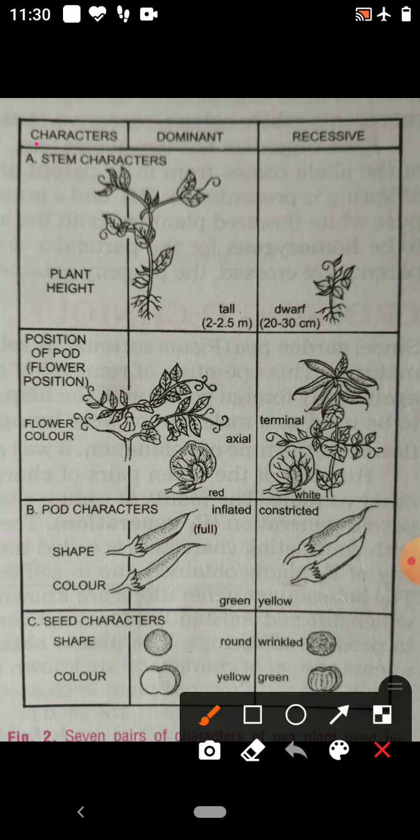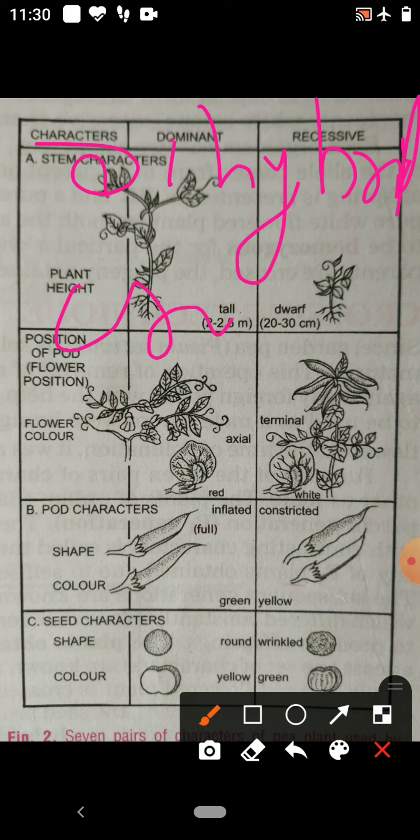So a dihybrid cross is a cross between two parents taking two pairs of contrasting characters. Like this, if more than two are taken, that is called polyhybrid cross.